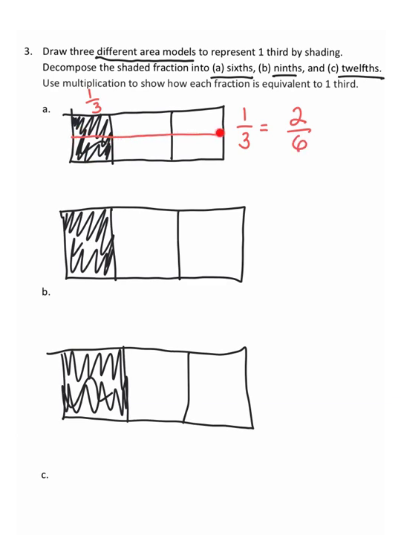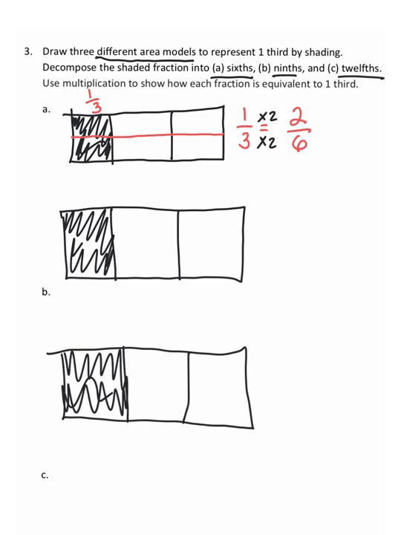I made 1, cut it right in half. So I made 2 rows. Started off with 1. Now I have 2 shaded in my numerator. Now my denominator, I have 1, 2, 3, 4, 5, 6. And I have 2 shaded in. And I made 2 rows. So I'm going to be multiplying by 2 to get to 2/6.